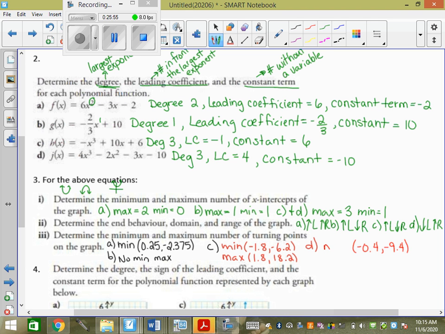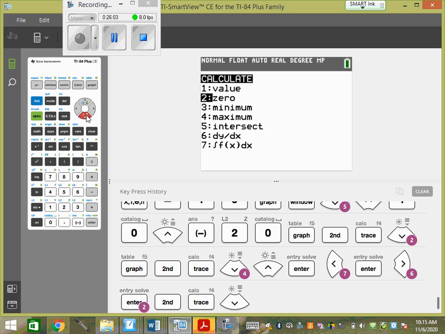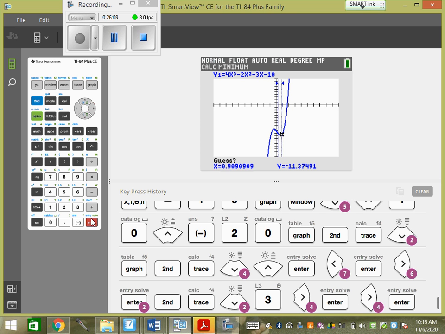That's my max. And then my min. Second trace minimum. Left of it. Enter, right of it. Enter, enter. 0.7 and negative 11.7.